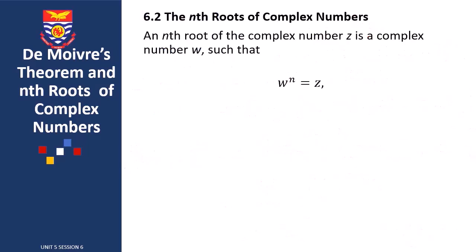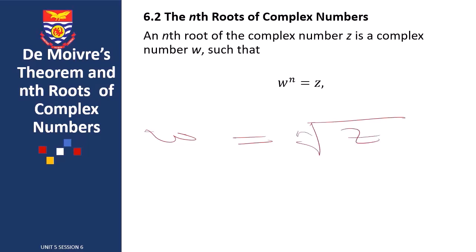You get the answer. So the nth root of a complex number z is a complex number w such that w to the power n equals z. So if I ask you to find w, what do you get? The w will be equal to the nth root of z.